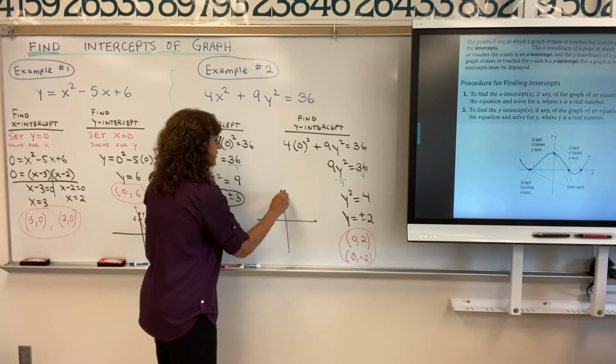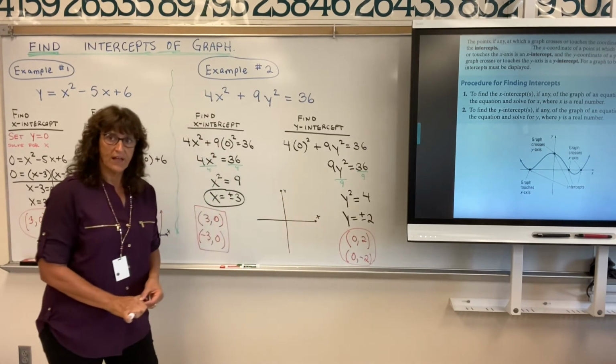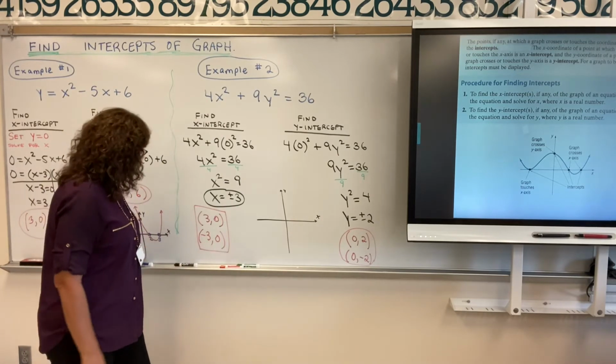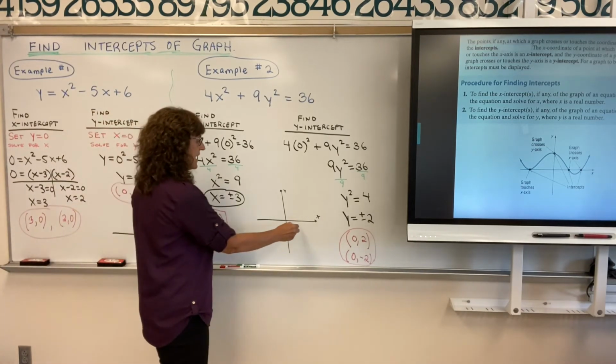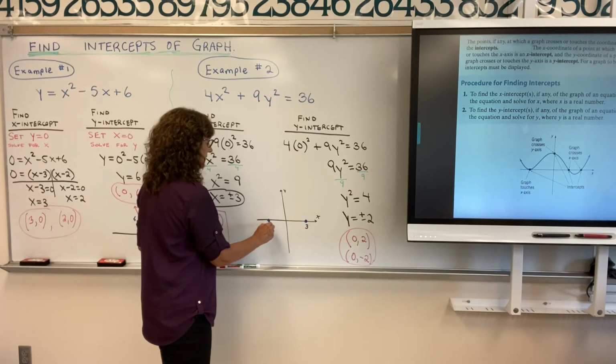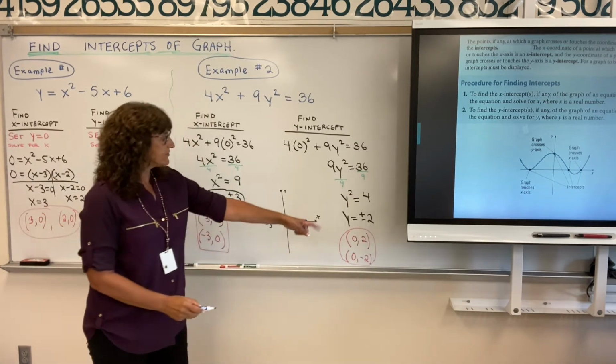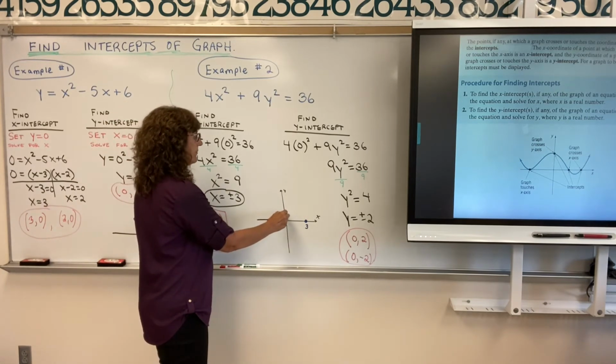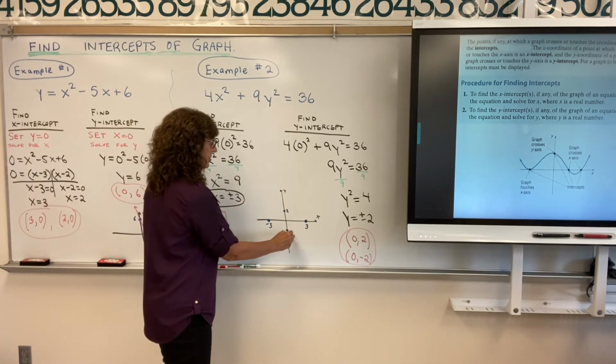They help you get a picture of what the graph might look like if you wanted to investigate. Here's our y-axis, x-axis. We can plot these and see. On the x-axis, we're dealing with positive 3 and negative 3. On the y-axis, we're dealing with a positive 2 and a negative 2.